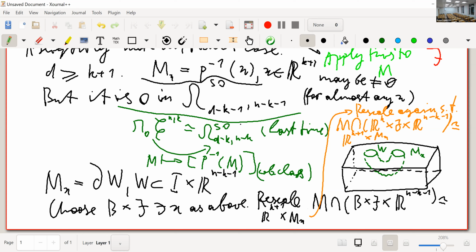So we have M, which is a manifold. We have X, which is a regular value of the projection to R^(k+1). Now we take the preimage. Well, we call it Mx.